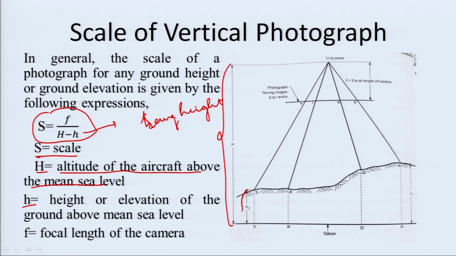For point S, h is equal to h2, and for point P, h is equal to h1. Again, F is the focal length of the camera, that is the distance between the optical lens and a point on the photograph.